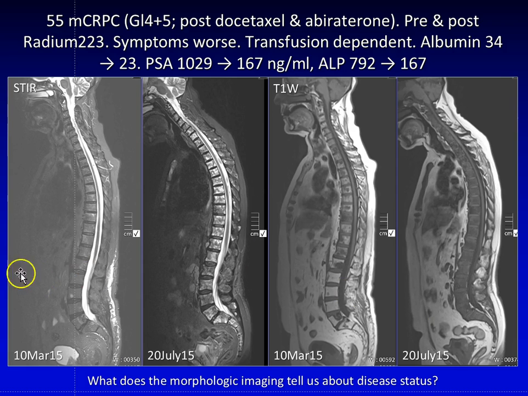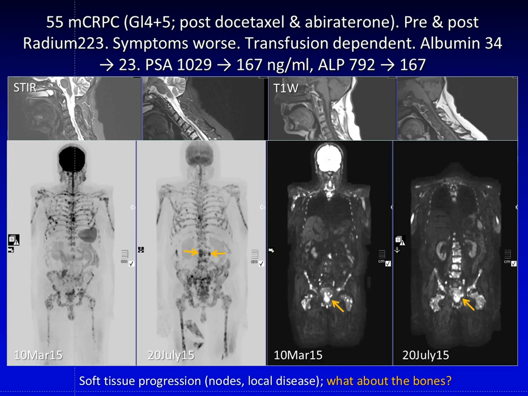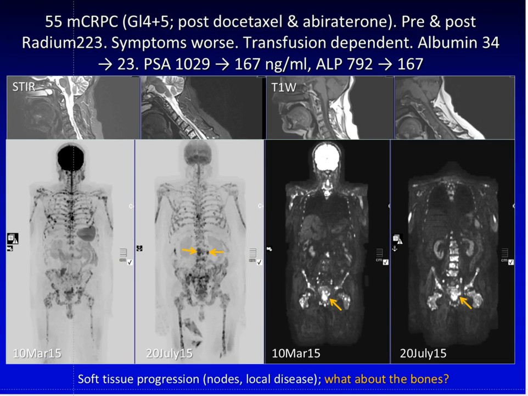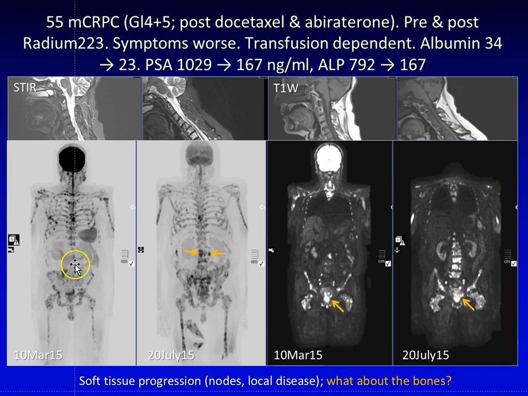But if you were to then look at the high B value signal intensity, you can see that the patient has progressed. So for example, here in the lumbar spine there was no signal intensity, and in fact you can see here that the patient is developing increasing signal in the lumbar spine.